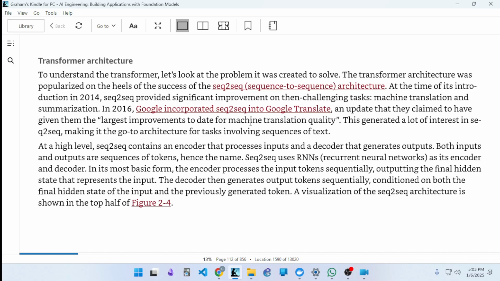In 2016, Google incorporated seq2seq into Google Translate, an update that they claimed gave them the largest improvements to date for machine translation quality. This generated a lot of interest in seq2seq, making it the go-to architecture for tasks involving sequences of text. And yeah, Google Translate has been pretty solid for a long time.